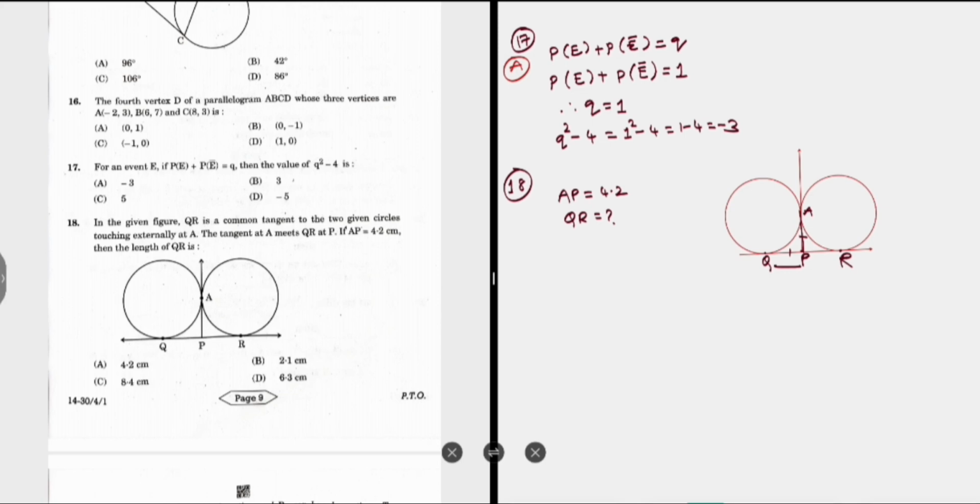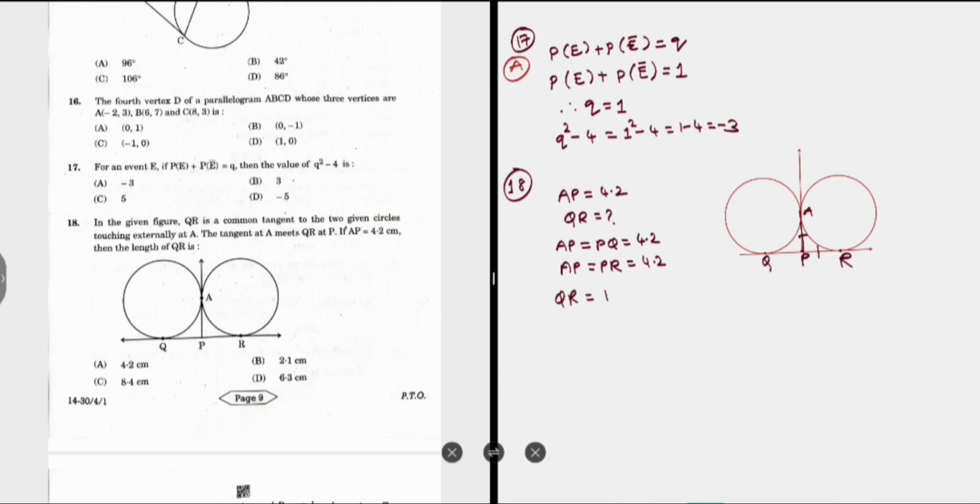Why are AP and PQ equal? Because lengths of tangents drawn from an external point to a circle are equal. So AP is equal to PQ is equal to 4.2. In a similar way AP and PR are also equal, because they are also tangents from an external point to the circle. AP is equal to PR is equal to 4.2. Now QR is what?